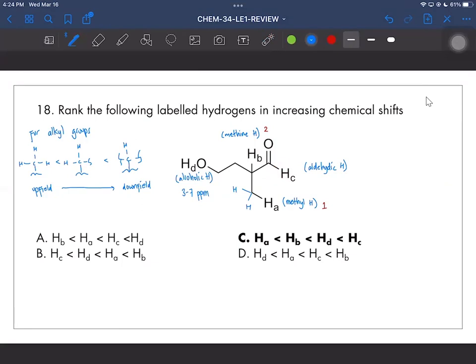We see this at around maybe 9 to 10 ppm.